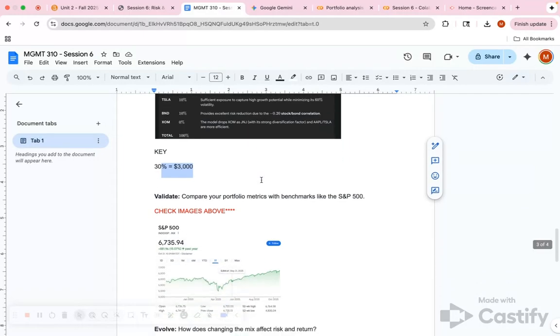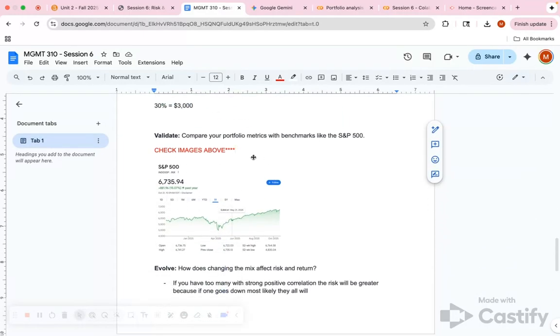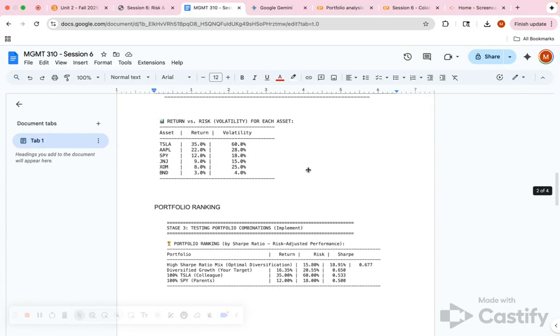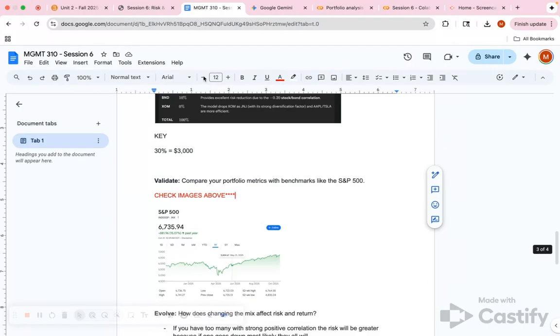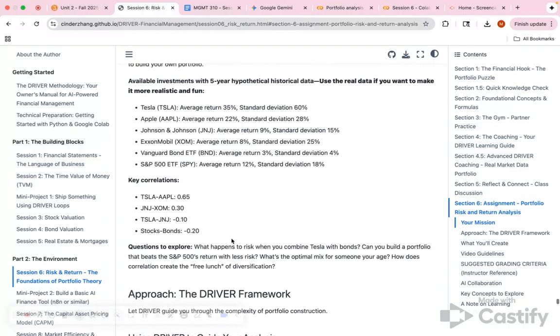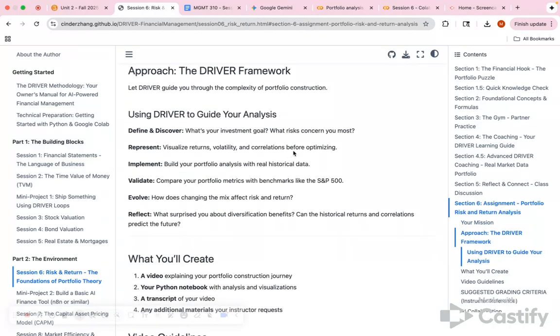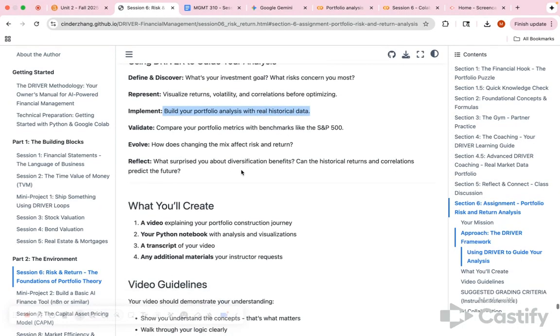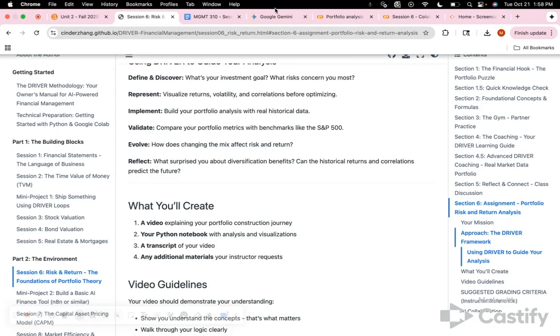So finally, for the validate, we compared the portfolio metrics with the benchmarks, and for the implement, we wanted to build a portfolio with our real data. And then for our evolve stage, how does changing the mix affect the risk and return?